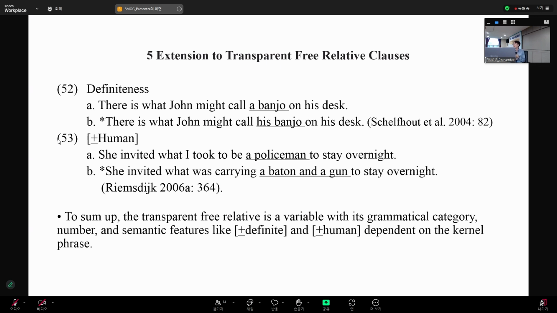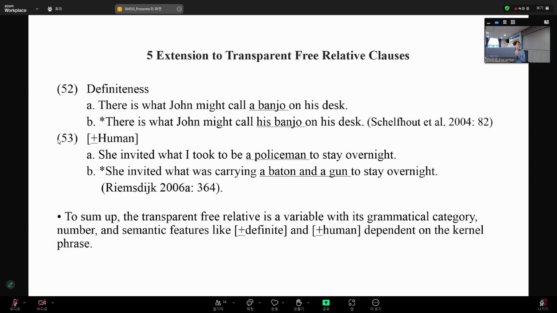Unlike a general free relative, transparent free relative clauses are somewhat different in structure. That's why I'm wondering. Definitely they're quite different. I propose that in the standard free relative clause, what consists of WH plus a restriction F, which denotes a singular, indefinite, inanimate thing.